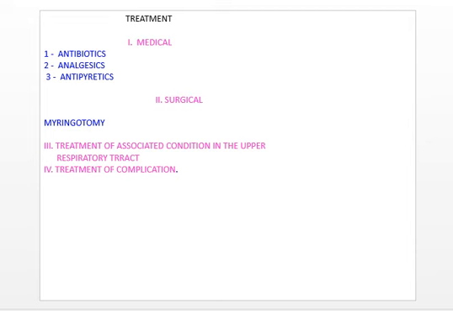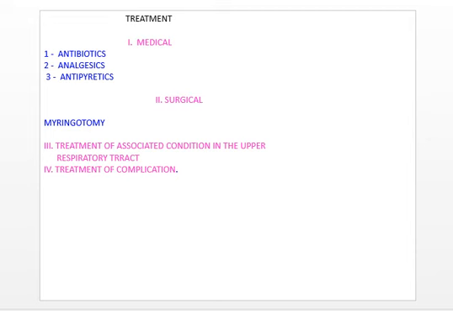He is having more and more pain, temperature goes on increasing, deafness goes on increasing, and in spite of use of antibiotics for more than 72 hours, the patient is not responding and the discharge is not coming out.